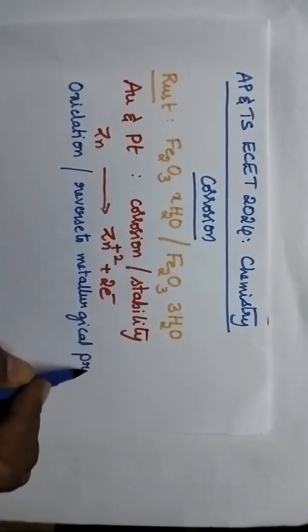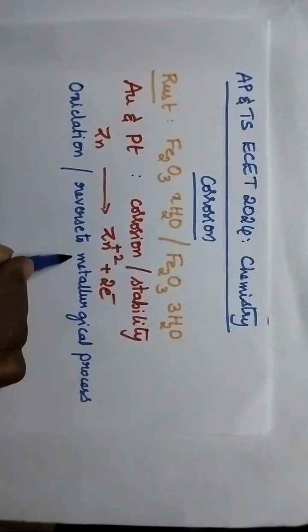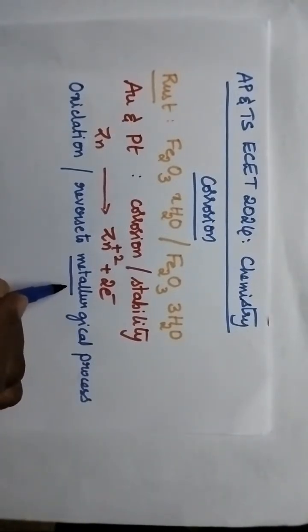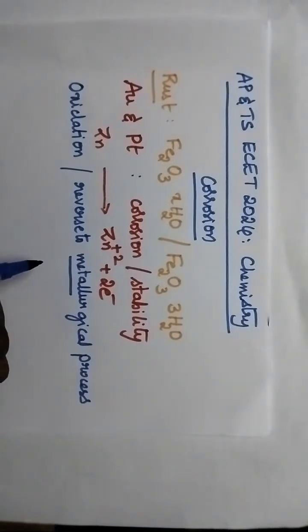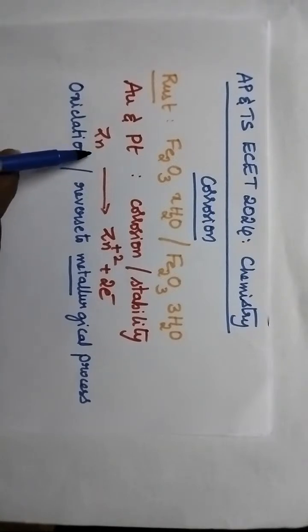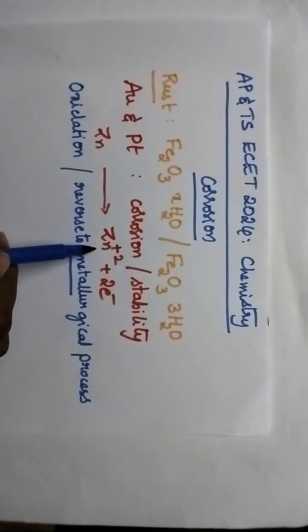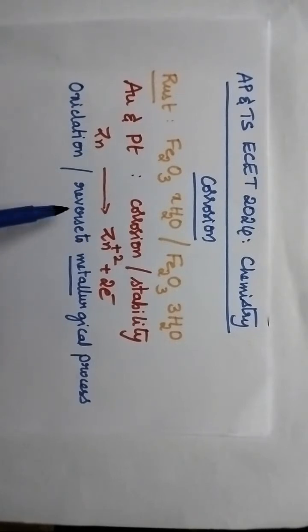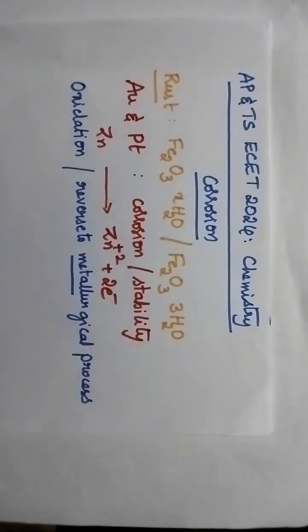In general, the metallurgical process involves the extraction of the pure metal from its corresponding compound. Coming to the corrosion, it involves the conversion of the metal into corresponding metal ions. So, corrosion can be considered as reverse to the metallurgical process.